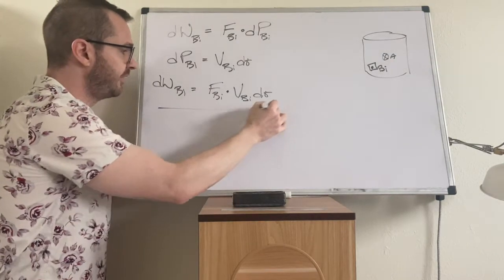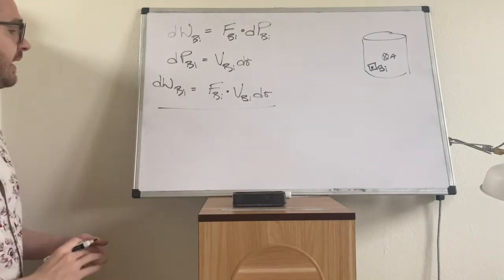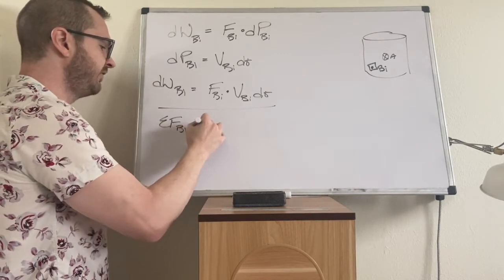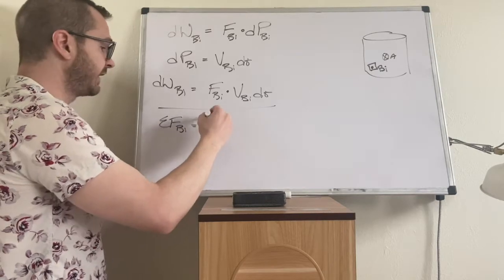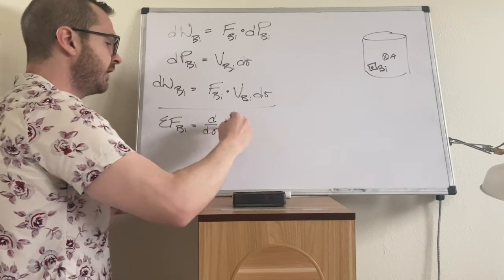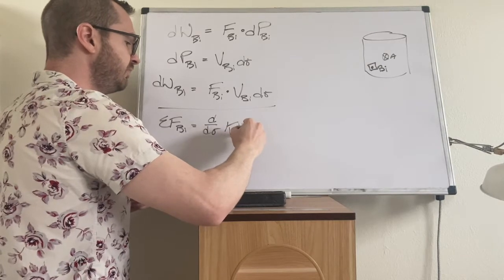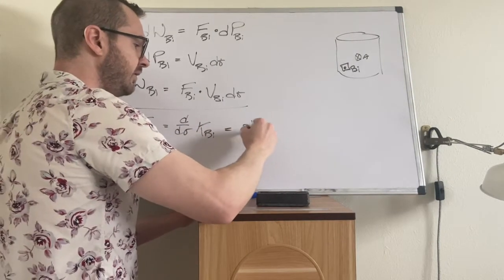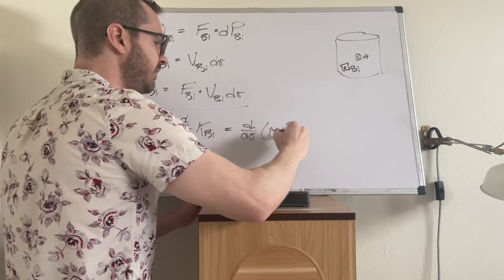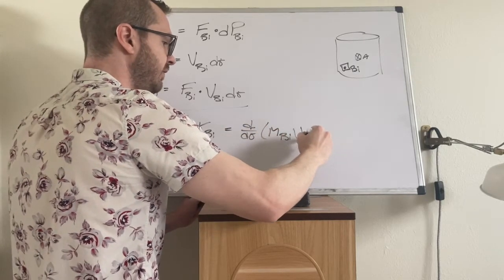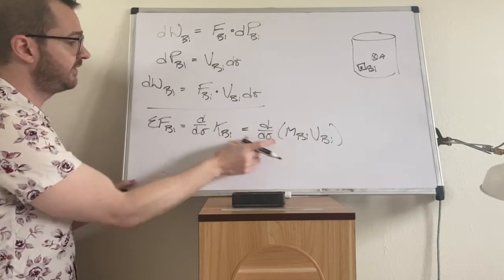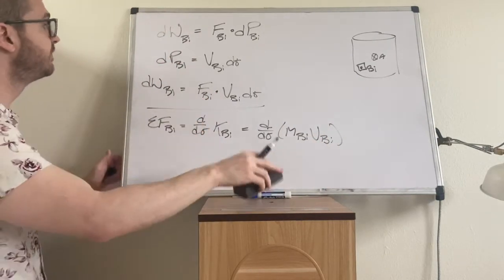All right, next. Just going to draw a little divider here and let's talk about the B sub I. We know that the sum of forces on B sub I is equal to, we're going to use Newton's second law, ddt of the linear momentum KBI, and then we know that KBI is MBI VBI. So let's take this and insert it into the equation above.